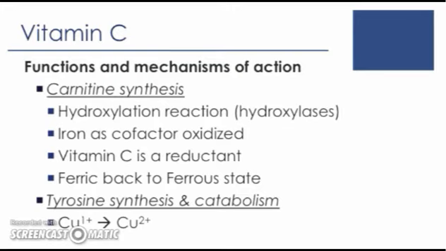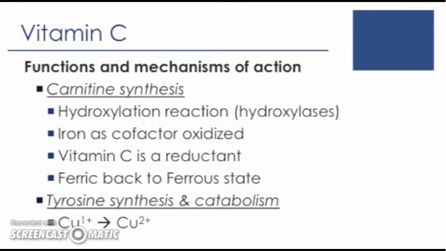For tyrosine synthesis, we have involvement of iron as a cofactor, and we learned previously that tyrosine is synthesized from phenylalanine. So to convert phenylalanine to tyrosine, we have phenylalanine monooxygenase, and the phenylalanine monooxygenase is iron dependent. So in the synthesis of tyrosine, iron acts as the cofactor.